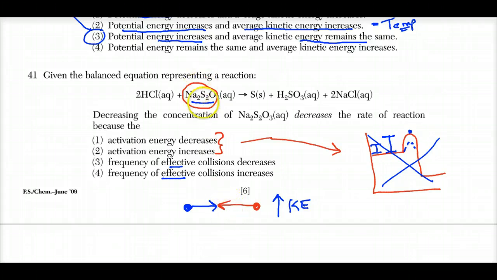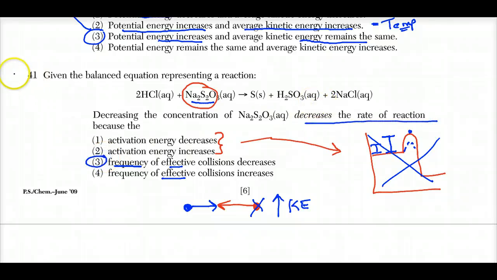So if you have less of this guy, let's make it red, therefore there's less collisions, therefore they'll be less effective. So take away red particles, the blue particles, if you make hydrochloric acid blue, have less to collide with. So the frequency, which is the amount of something, of effective collisions decreases, which would always decrease the rate of reaction.